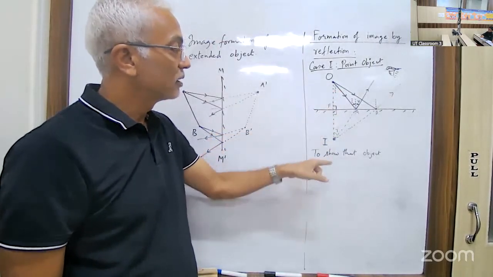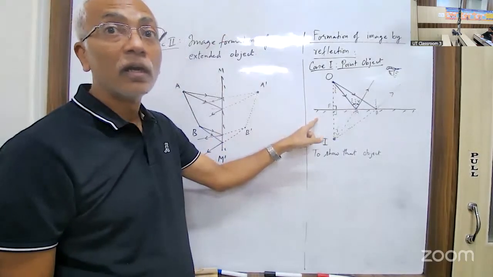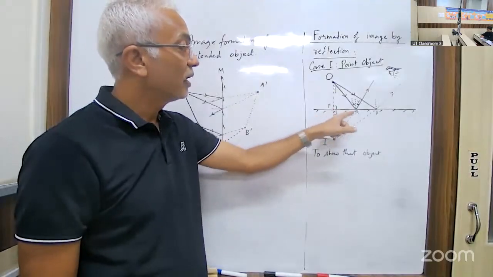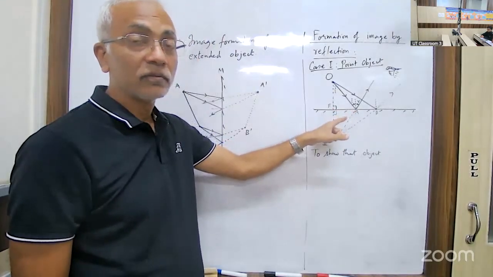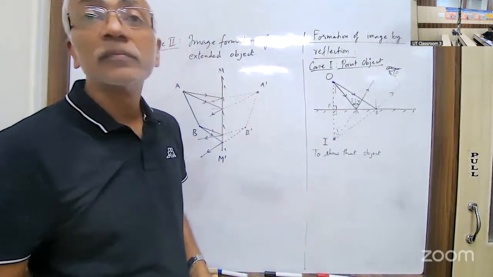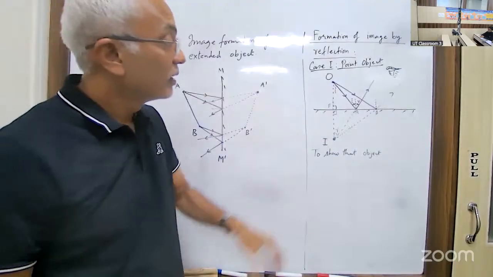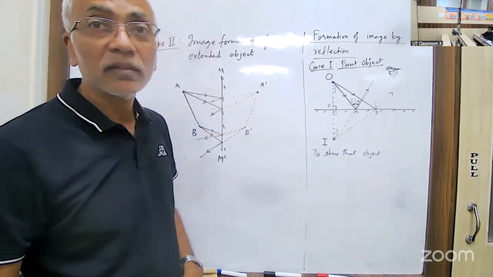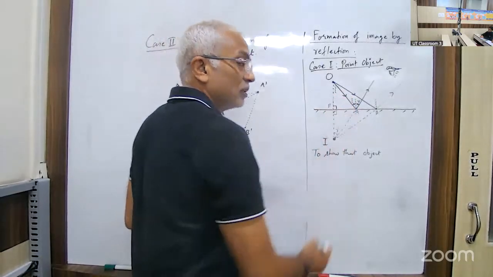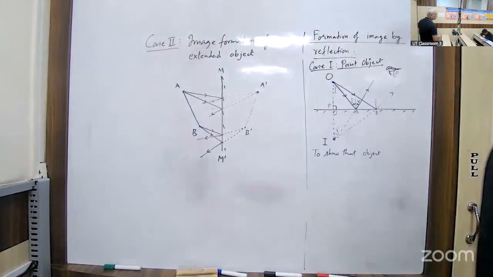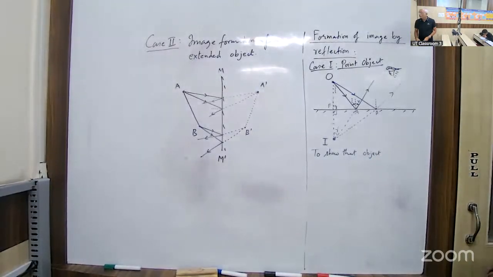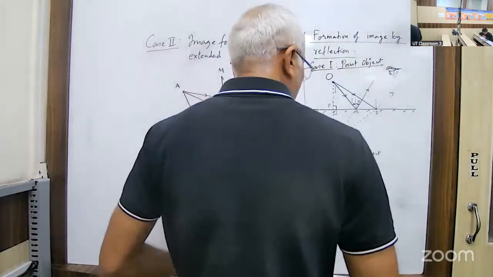OF is equal to FI. This is common side, AF is equal to AF. So it will be ASA. We have to prove that OF is equal to FI.